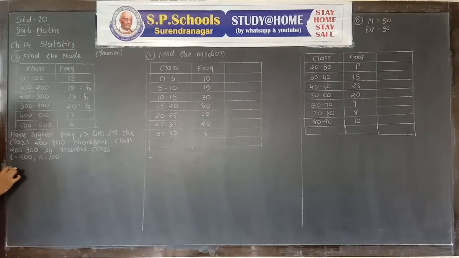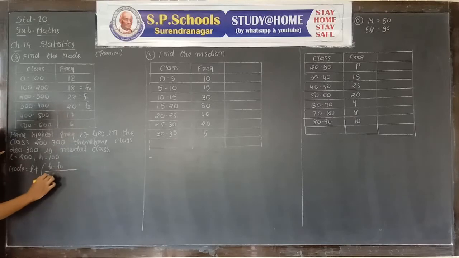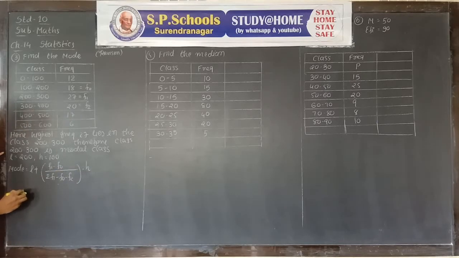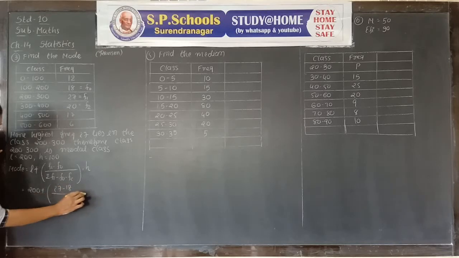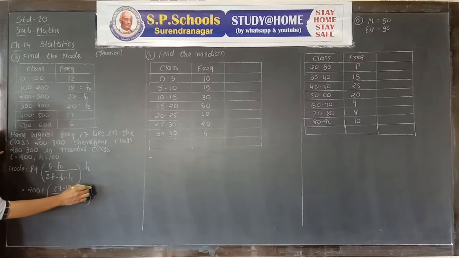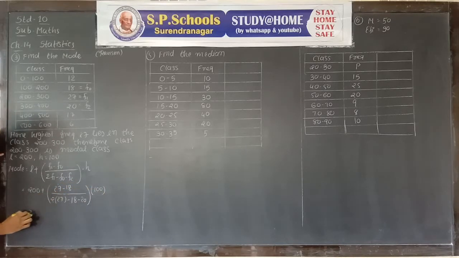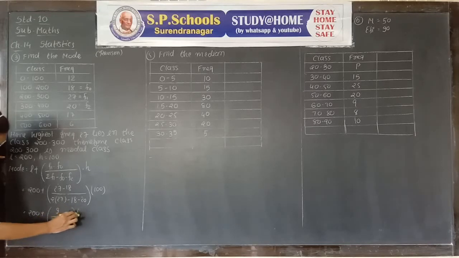Now we apply the formula. Mode is equal to L plus, into bracket, F1 minus F0 upon 2F1 minus F0 minus F2, into H, where L is equal to 200 plus F1 minus F0. 27 minus F0, which is 18, upon 2 into F1, 2 into 27, minus 18 minus F2, which is 20, and the class size H is equal to 100. 200 as it is plus 27 minus 18, 9, upon 27 2s are 54 minus 38, multiplied with 100.